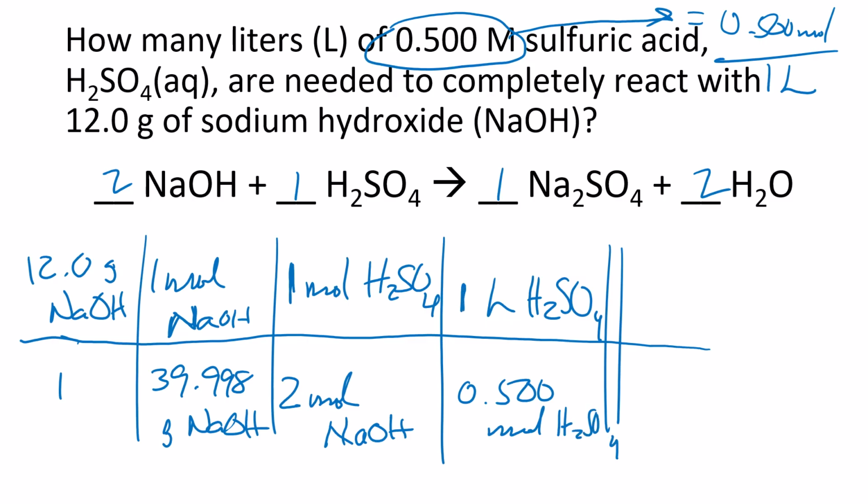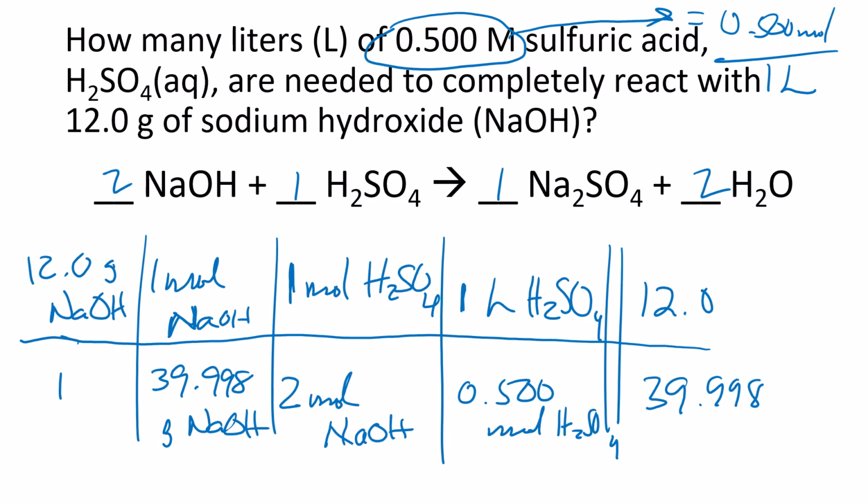And you're going to multiply. 12 is my numerator. My denominator will be 39.998 times 2 times 0.5, which is equal to 39.998. I will divide these two, and I will end up with my liters of H2SO4.